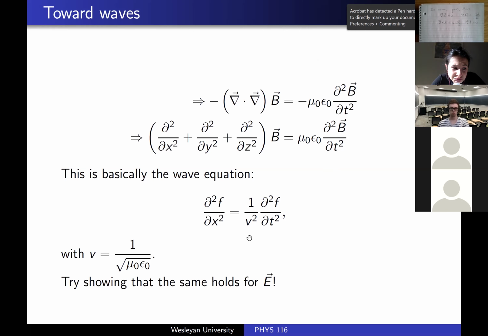And so when he calculated the speed of these electromagnetic waves, he found that this constant factor out here only corresponds to this factor out here, which depends on the speed. And he could calculate the speed from the values of mu naught and epsilon naught. And when he plugged those in, what he found for the speed was, in fact, a well-known speed, which was the speed of light.